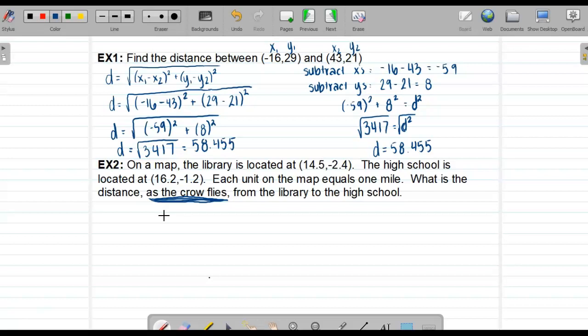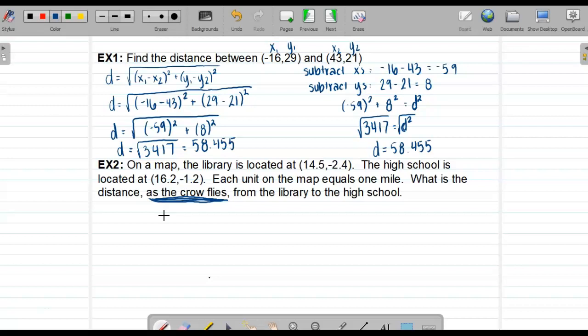If a crow needs to go from Elkin High School to the library, does it have to follow the road? It just flies, right? So we're talking straight line distance.